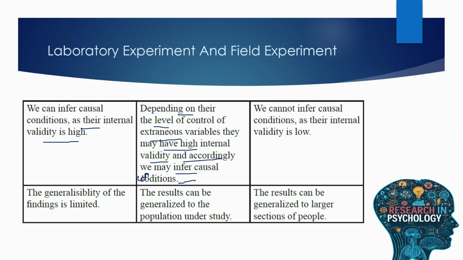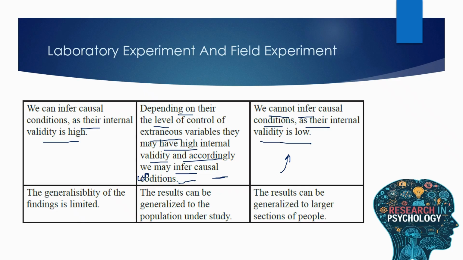So here the internal validity depends on how much control you have over the field or the natural setting. Okay, based on that it could be high. It could be low also. Okay, here in the field studies, we cannot infer causal conditions as their internal validity is very low. It's happening out in the field and you're observing someone. So here the internal validity is low.